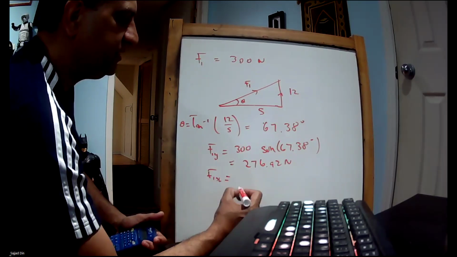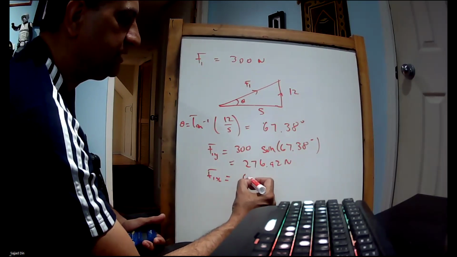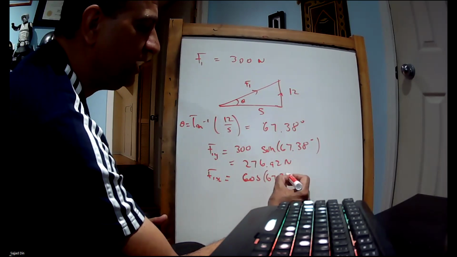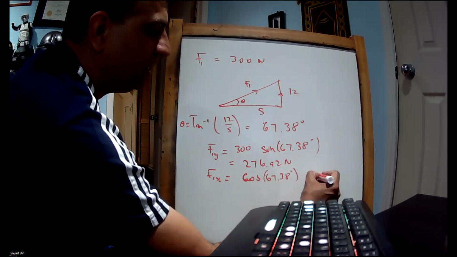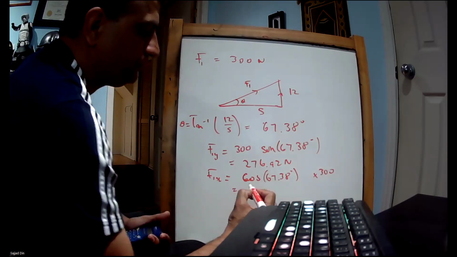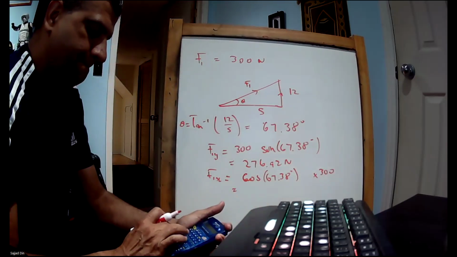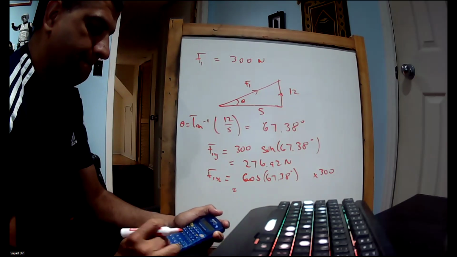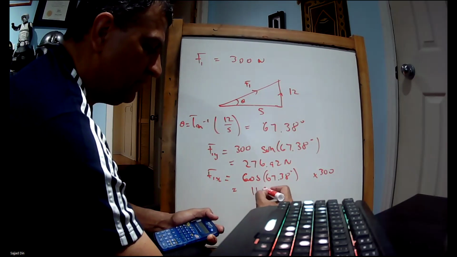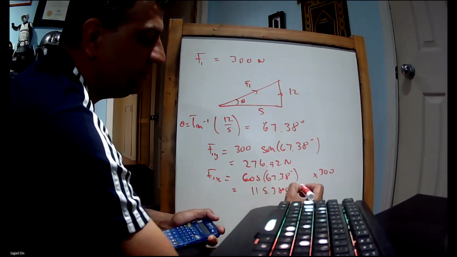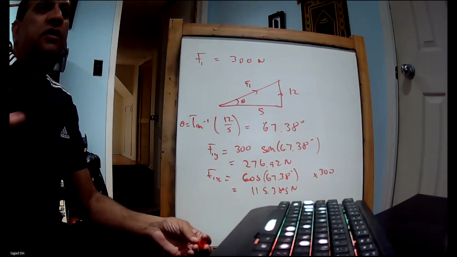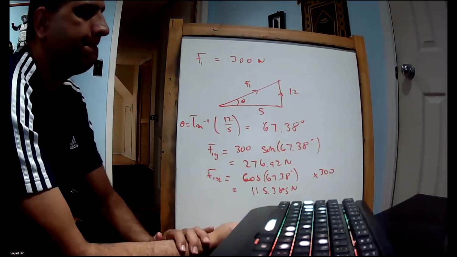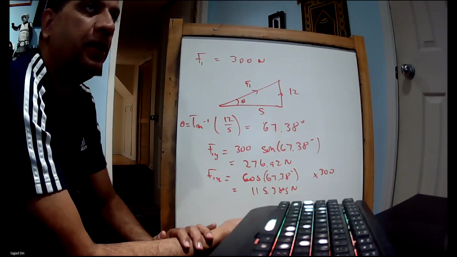And F1x is equal to cosine 67.38 degrees multiplied by 300. That is 115.385 newtons. So if you got that, you were on the right track. At least I think you were.